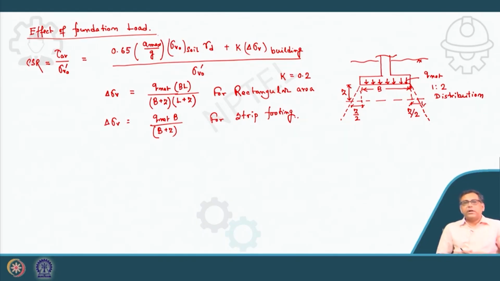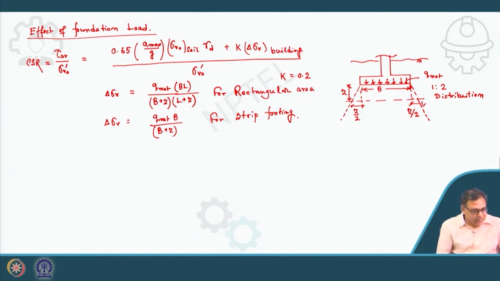This way I can calculate the CSR considering the effect of foundation load. If it is at the base, then Z is 0, so del sigma V will be equal to Q net, the net stress acting at the foundation base.